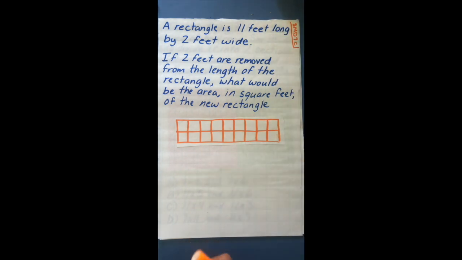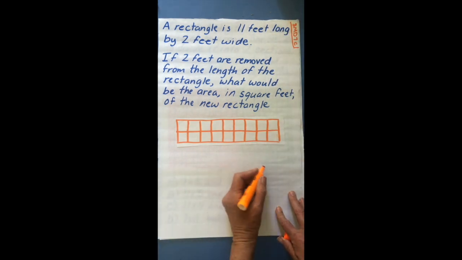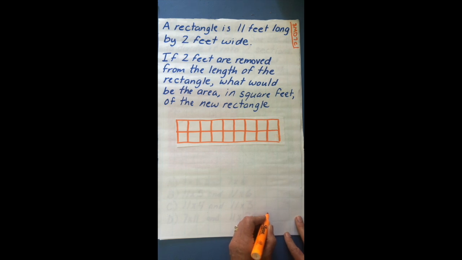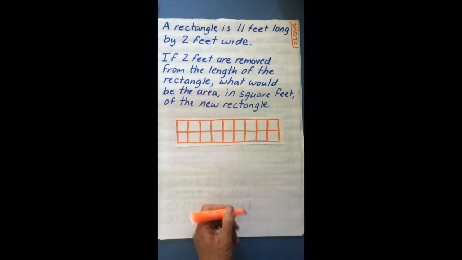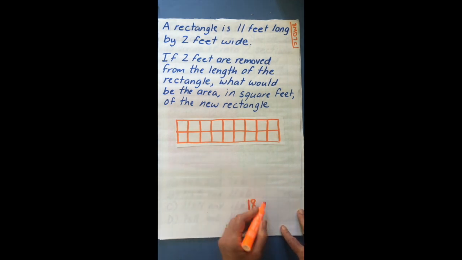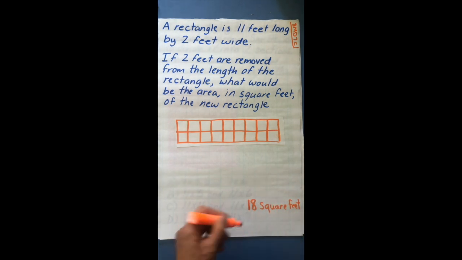So if I just use the model, I would know the answer. I'm going to put it down here: it is 18. This one doesn't work. 18, and you have to use the units, which are squares, but they're saying that they're square feet. Now they're obviously not to scale, so this would be the answer.